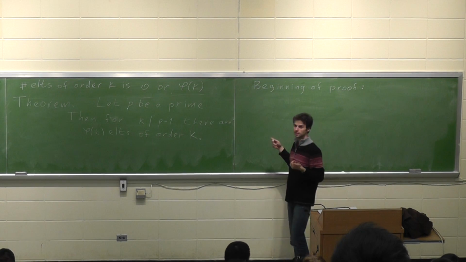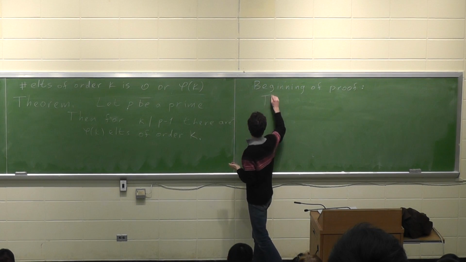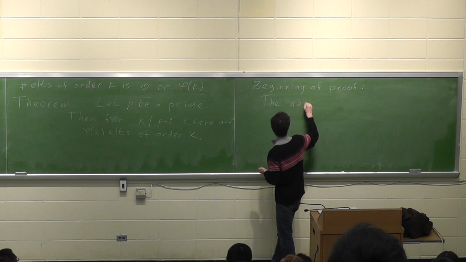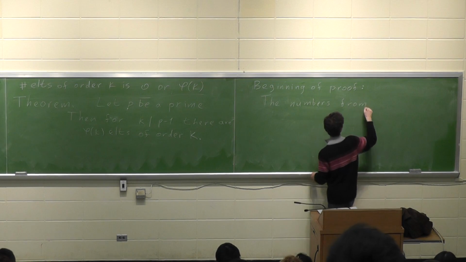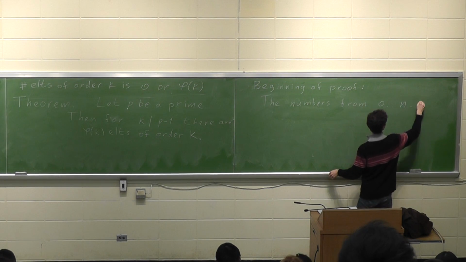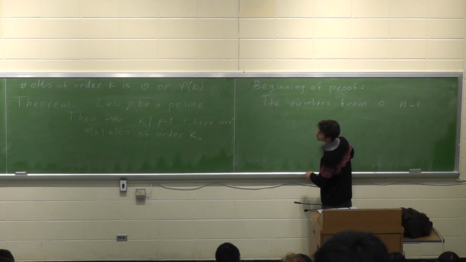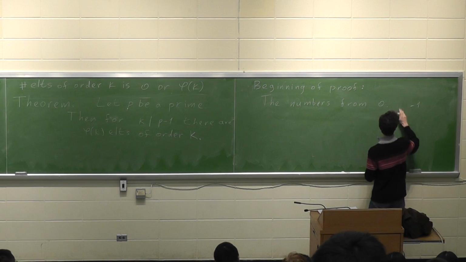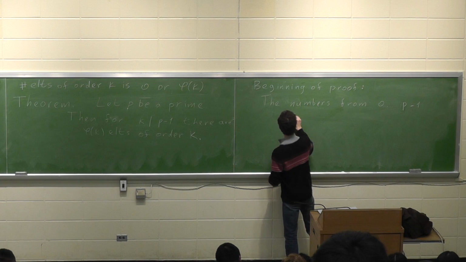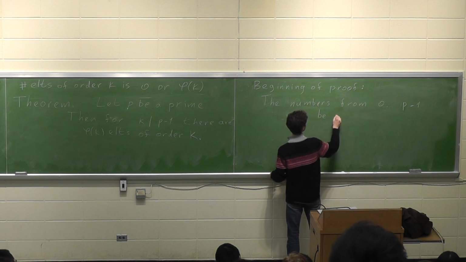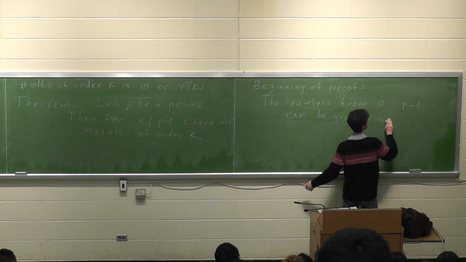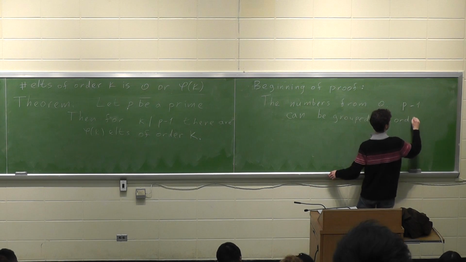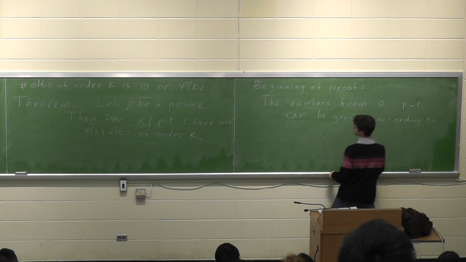Let us take these numbers from 0 to p minus 1. They can be grouped according to their order.